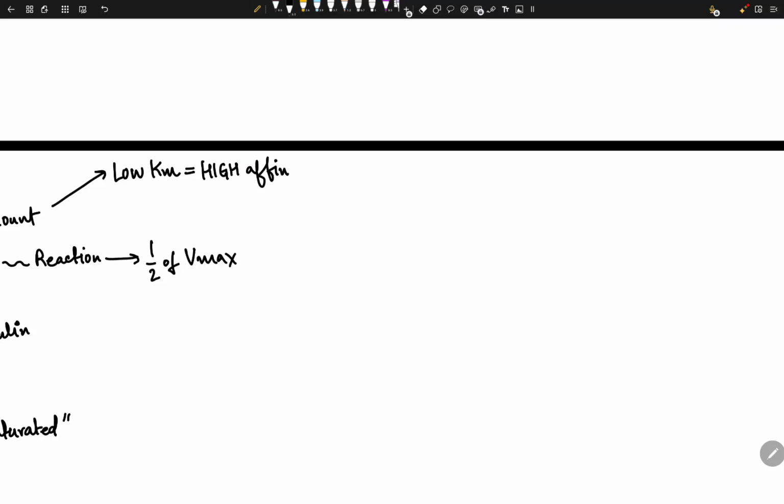I hope it makes sense, right? And high Km value equals low affinity. High Km means the enzyme really ignores the glucose, or the substrate, and only when the glucose becomes really abundant does it start working. Therefore, high Km means low affinity, right?